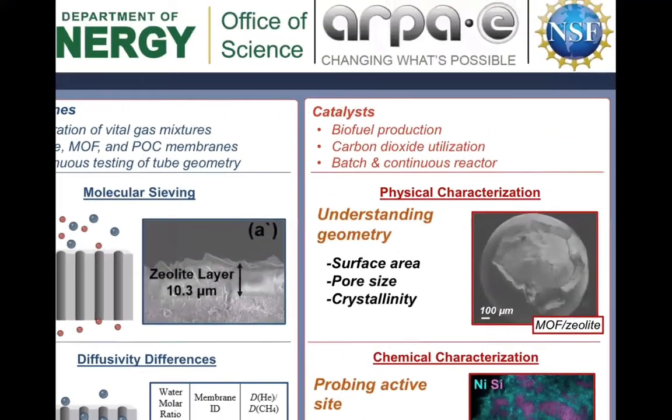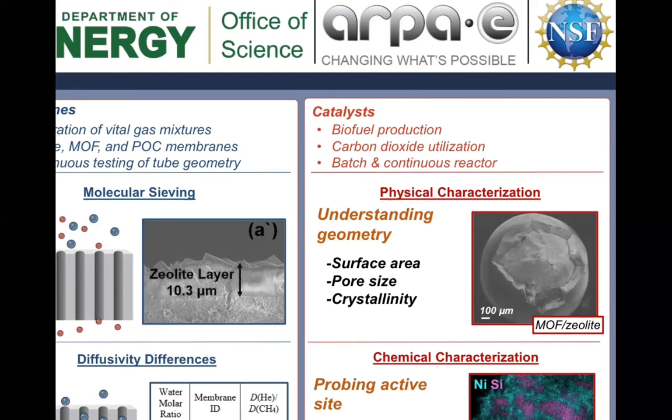So the third key area in our research is catalysis. So we can synthesize these porous materials using rational design and apply them to realistic reactions that are of major urgency in our developing society. So an example of this would be the production of biofuel.